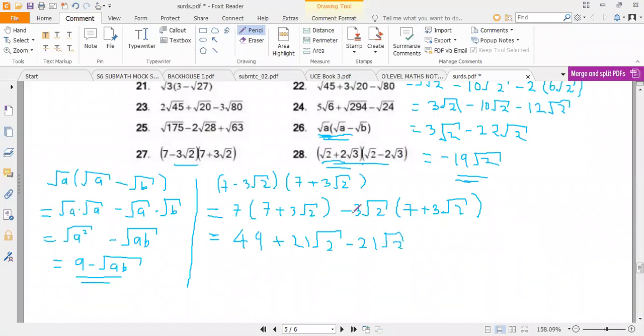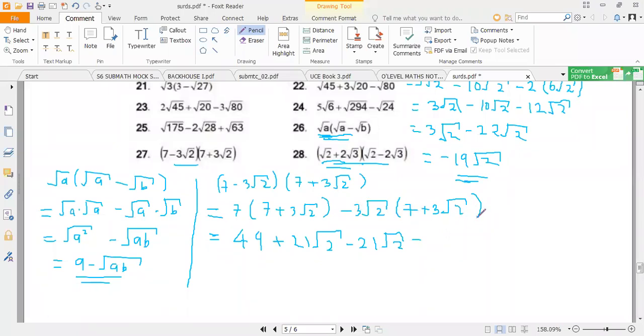And finally, we have negative 3 root 2 times positive 3 root 2. What do we get there? So when you're multiplying this, the 3 which is outside the square root will multiply with the 3 outside the square root, and then the root 2 will multiply with the root 2. That is, the number under this square root will also multiply with the number under the square root.